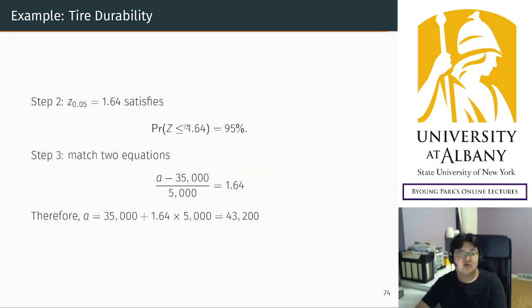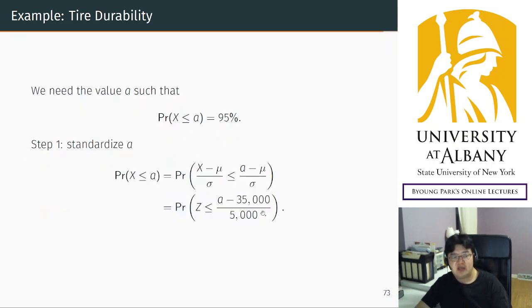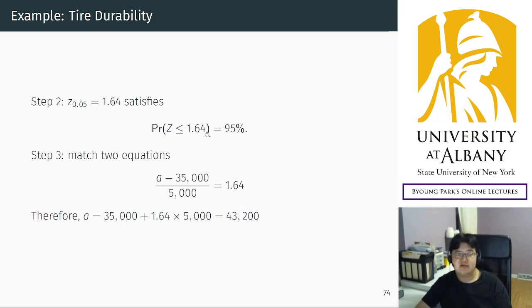So you have to use that number. And then match those two. This probability and this probability have the same 95% and same structure. So A minus 35,000 over 5,000 equals this, which means this A should be 1.64 standard deviation above the mean.